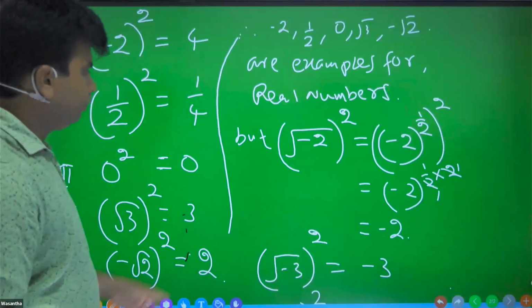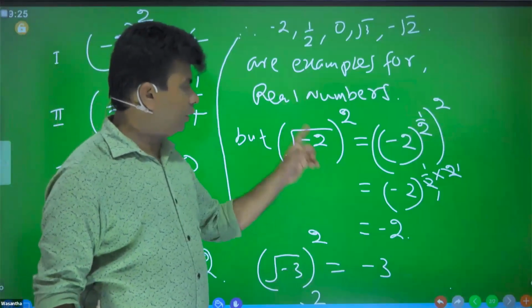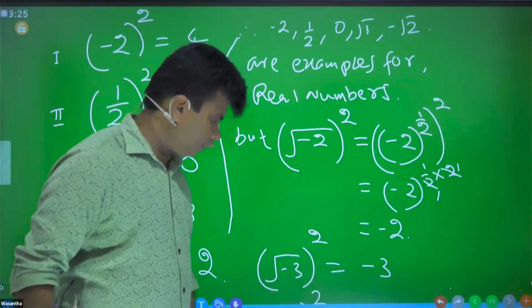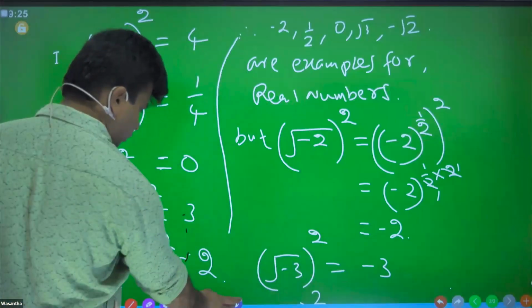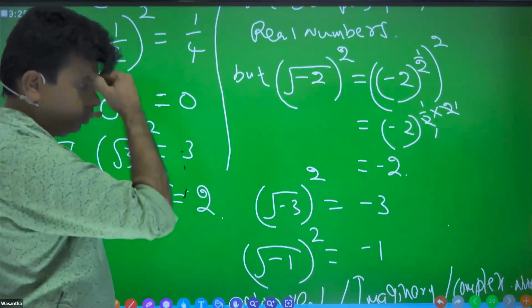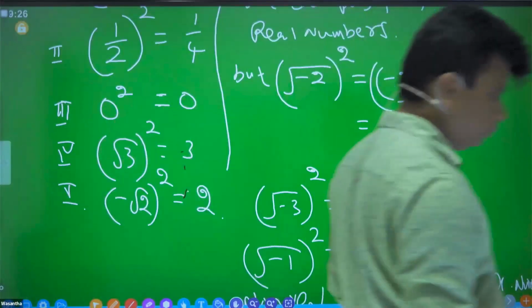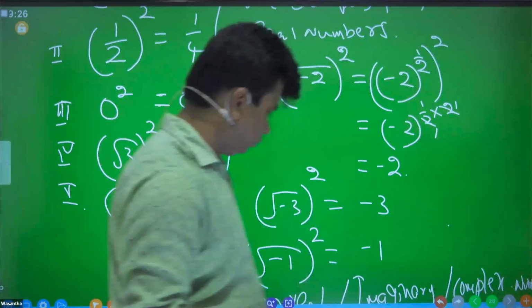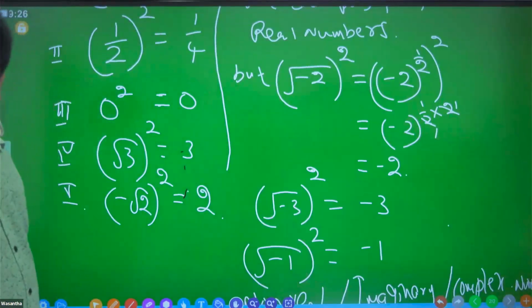After that, write down: but square root of -2 squared means -2. Square root of -2 squared is -2.